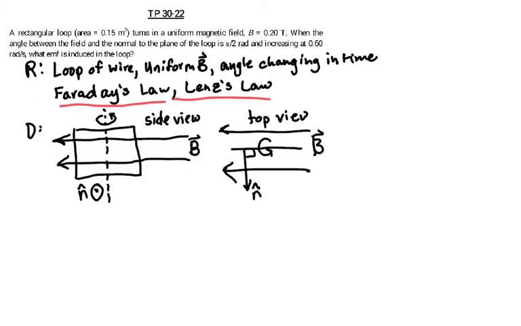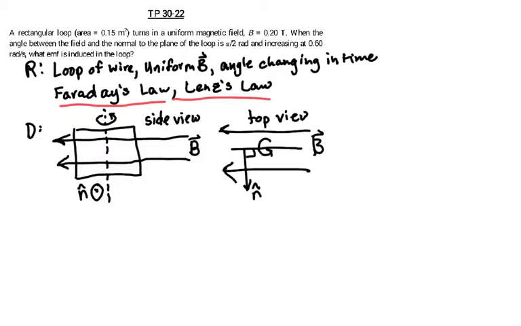So if we look at a top view, still we have the magnetic field going from right to left. But as we look at our normal vector from a top-down perspective, we can see that the vector is pointing in the down direction, whereas in our side view it's pointing out of the screen.